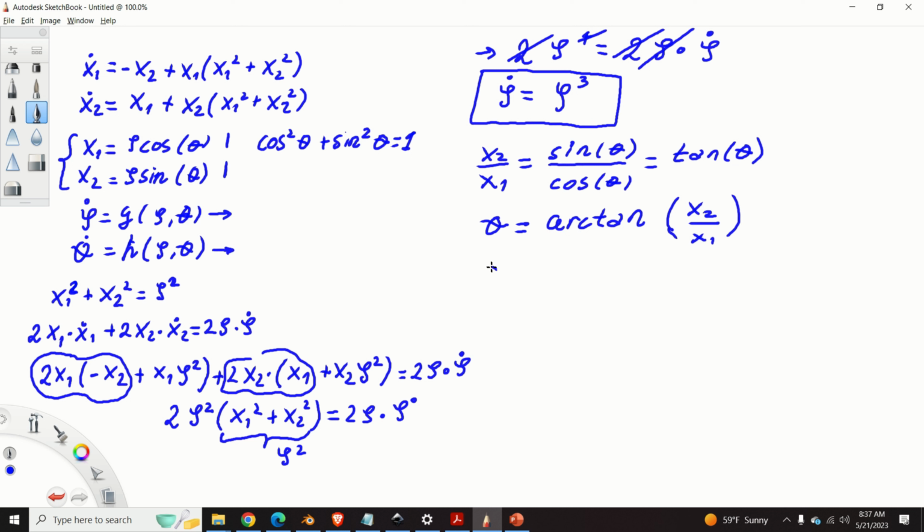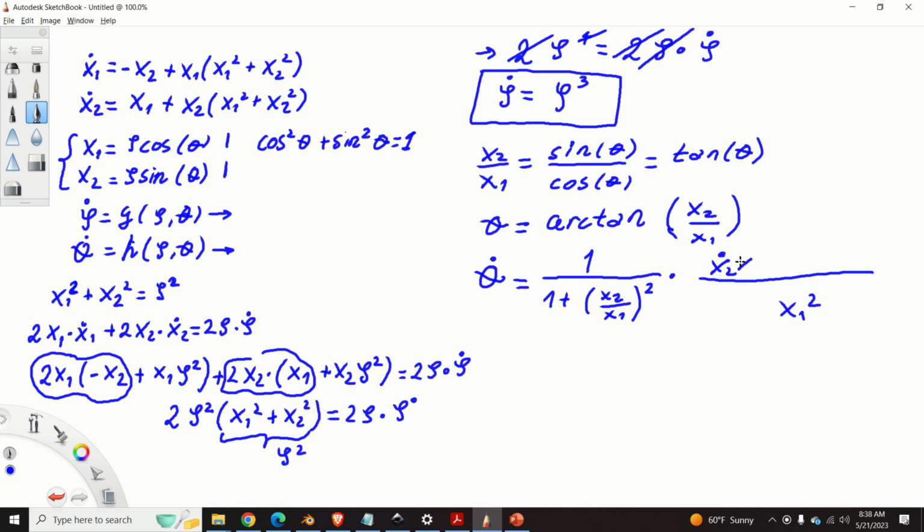Next, let us compute the first derivative of theta. The first derivative of the arctan function looks like this. It is 1 over 1 plus (x2 over x1) squared, times the derivative of x2 over x1. And the derivative of x2 over x1 is, over x1 squared, x2 dot times x1 minus x1 dot times x2.